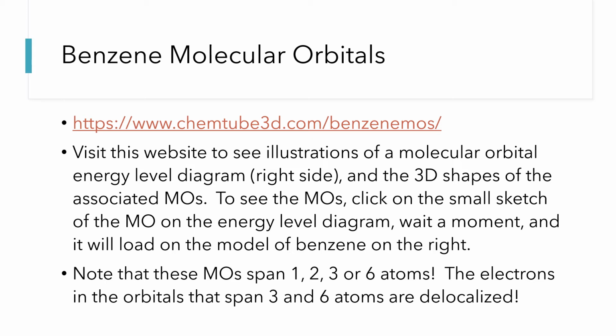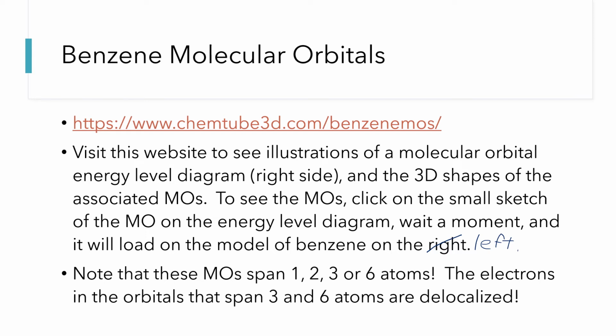If you want to see a bigger version of that sketch, click on it and wait just a moment, and a model of that MO will load on the model of benzene that's over there on the left side of the screen. I just realized that it says right there, and that should say left.